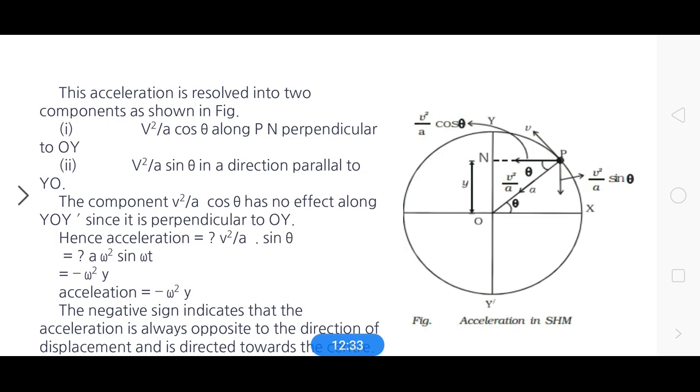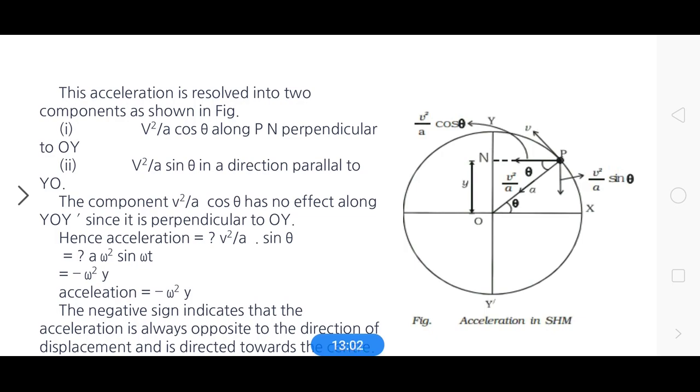So v square by a sin theta is the perpendicular component along the y direction and v square by a cos theta is the horizontal component, along the x direction. So v square by a sin theta and v square by a cos theta are the two components of acceleration in the circular path.